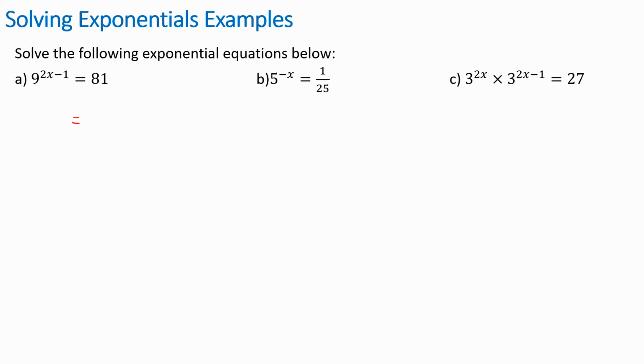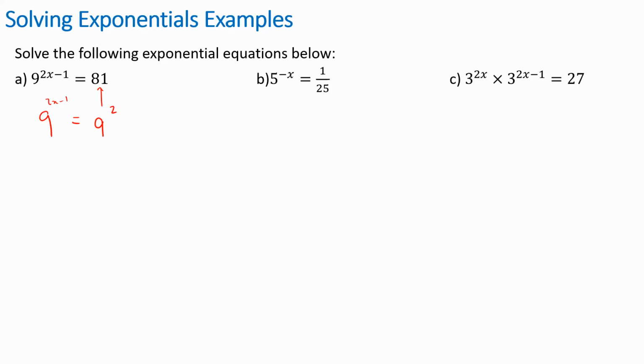Yeah. At this point, the only way to solve exponential equations without log is by equating them, meaning that the quantity for both sides is exactly the same. If you know that they both have the same quantities, then everything has to be the same. So over here, you know this is a base 9 to the power of 2x minus 1, but you also know that 81 can be written as 9 squared.